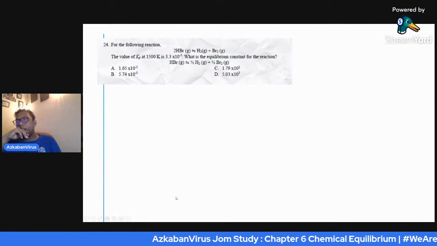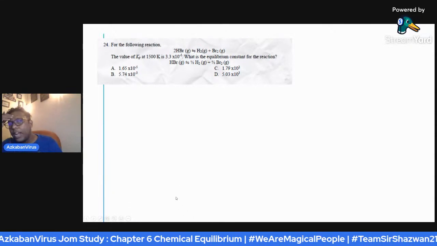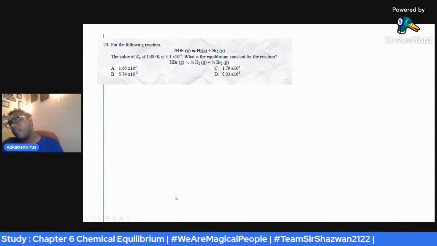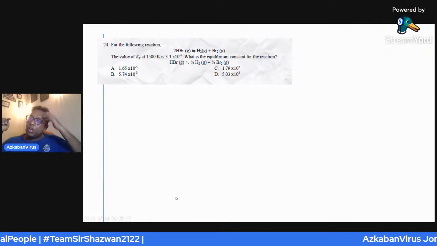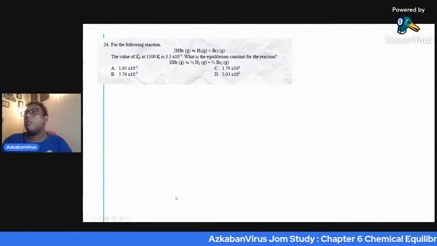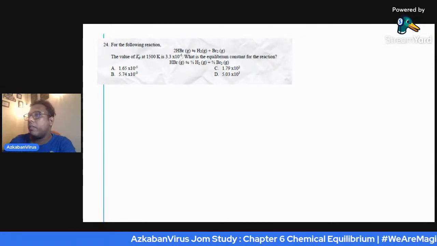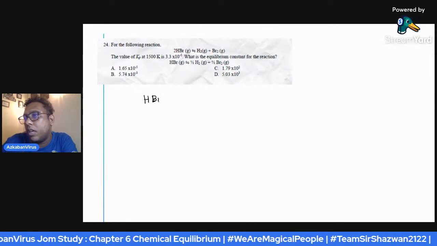For the following reaction, the value of Kp at 1500 Kelvin is 3.3 exponent 5. What is the equilibrium constant for this reaction? Oh, okay. Soalan ni. Okay, kita tulis the equation dia. HBr.